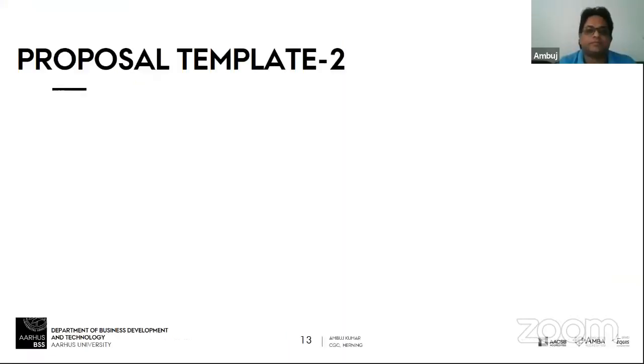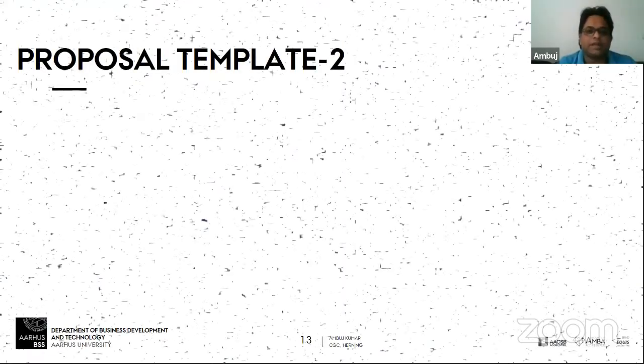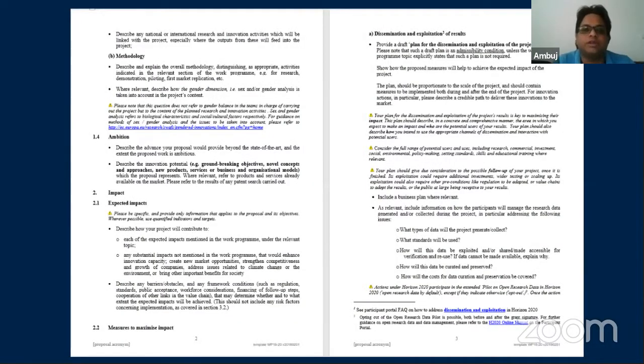So now, the proposal template again. When I said that there are 3 sections to be evaluated, the first section is excellence, which includes the background, objectives, and the concept and methodology. Methodology is how each of your objectives will be achieved.